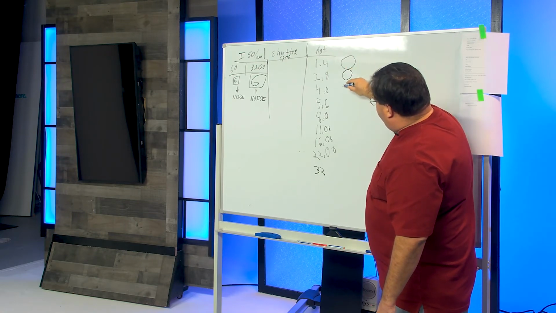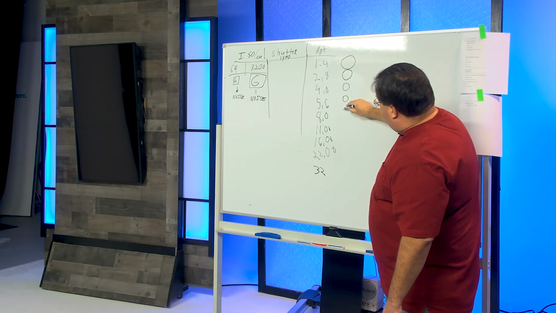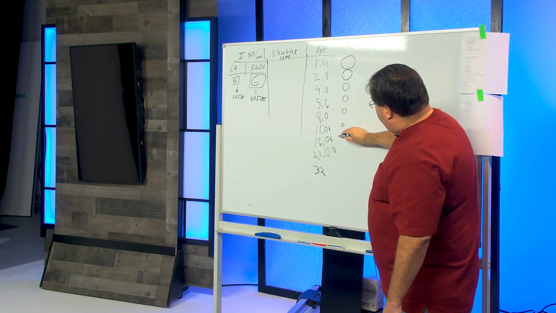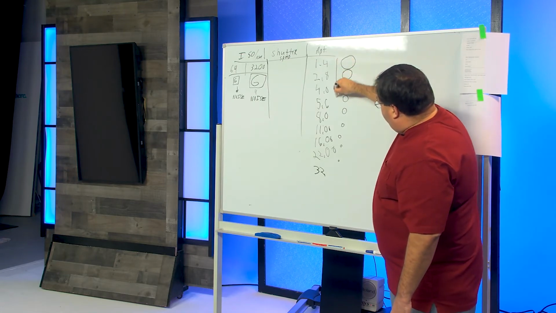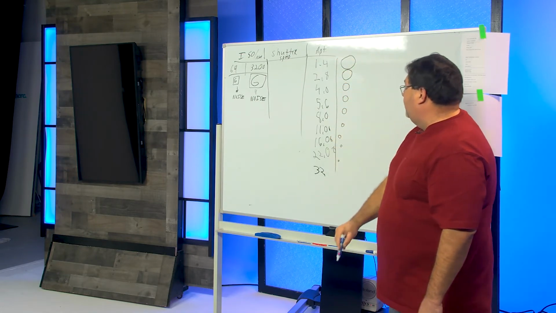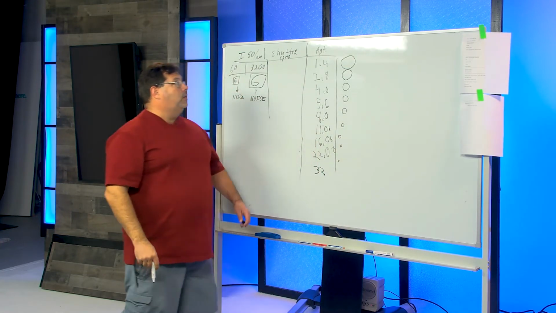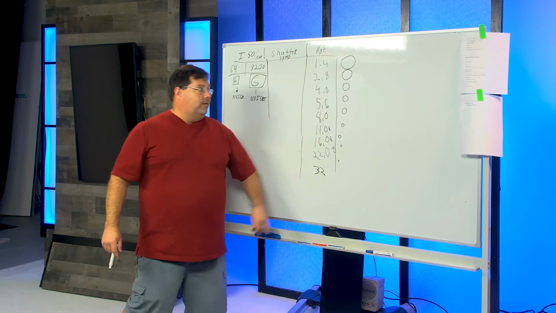This is obviously not to scale. 4, 5.6, 8, 11, 16, 22, 32. If you look at the way I have this: a lot of light, hardly any light.